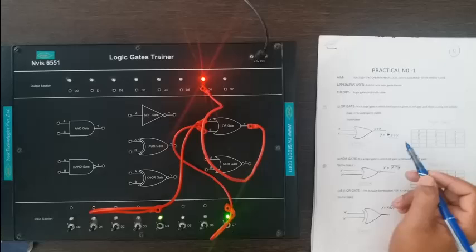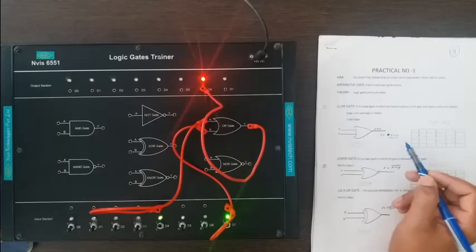In XOR gate, the XOR or exclusive OR gate is a gate with two or more inputs and one output.